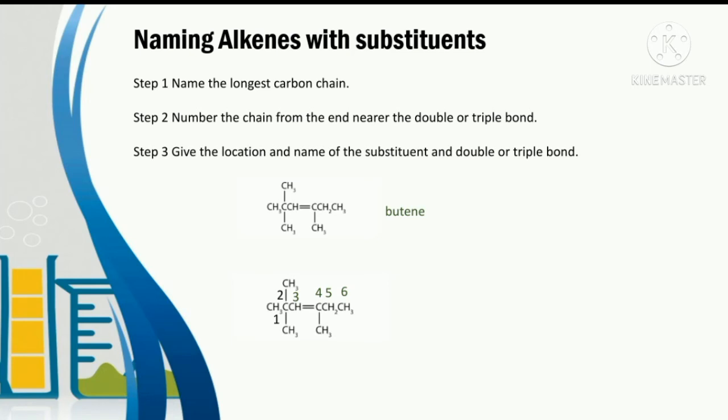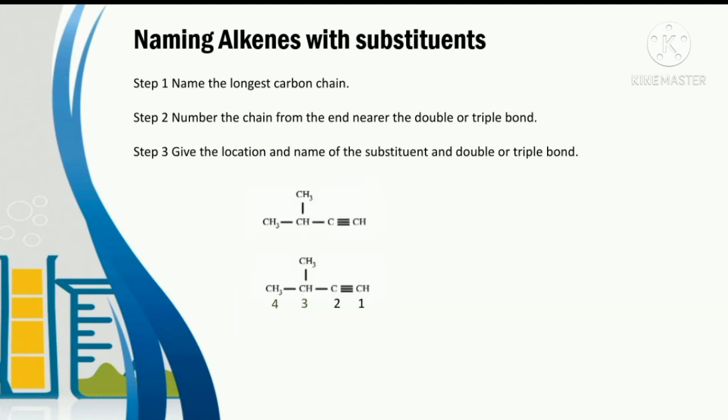The double bond is in between carbon number 3 and 4. The attached group contains 1 carbon, so it is called methyl. So the name of the organic compound is 2,2,4-trimethylpent-3-ene. And last example, step 1.